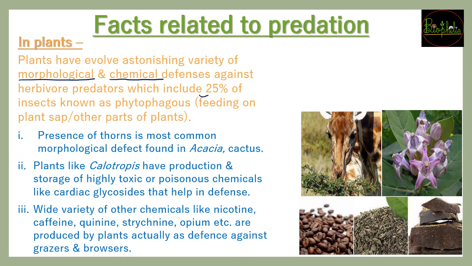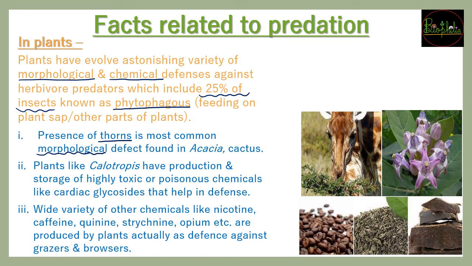Majorly 25% of the insects, which are called phytophagous, will be eating the plant sap and other parts of the plant. So to save itself there are many different things that the plants will be undergoing. Plants may show the presence of thorns so that no one comes and eats them. So that is going to be a morphological defense.